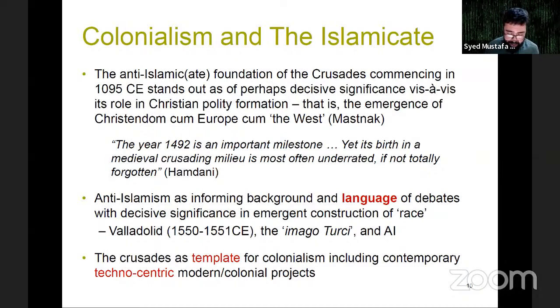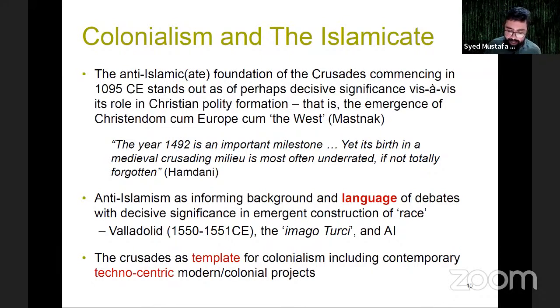According to Tomaž Mastnak, for both Sepúlveda and Las Casas, and I quote, "The Turk functioned as an organizing principle in the internal economy of their natural, philosophical, and theological reasoning, structuring their responses to the problem of the humanity of the New World Indians," end quote.